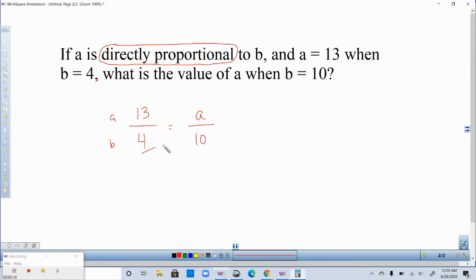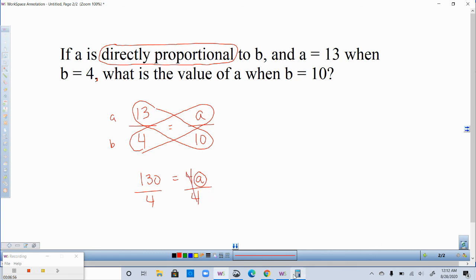And then we're doing our butterfly method. So here's our pretty little butterfly. So 13 times 10 we'll do first is 130 is equal to, we'll squish those two together and get 4A. So here's my variable. We've got invisible math, that's multiplication. So we're going to divide by 4 on both sides.